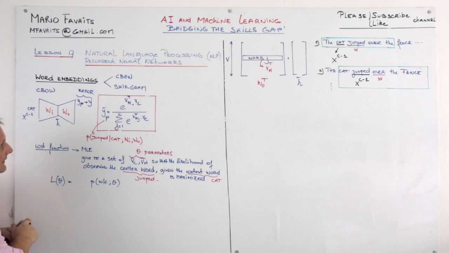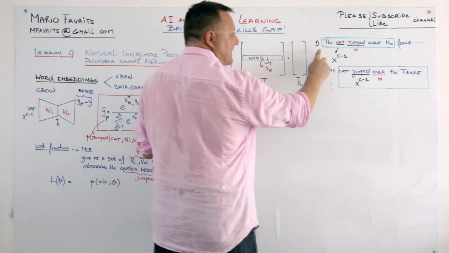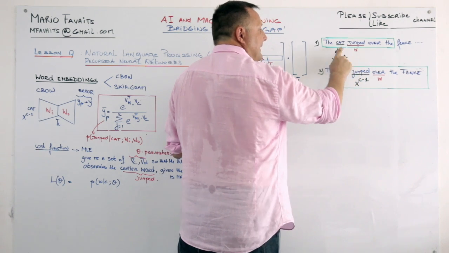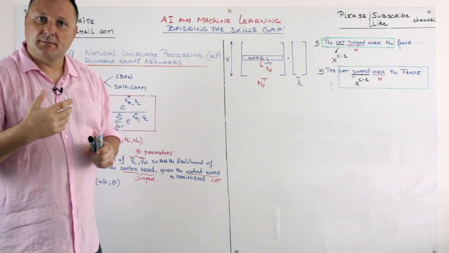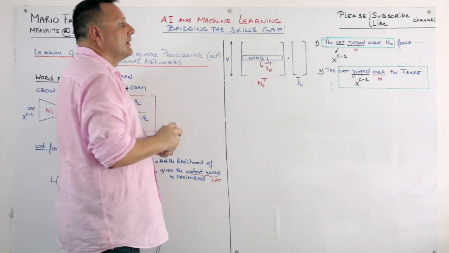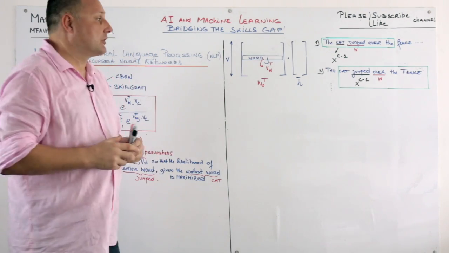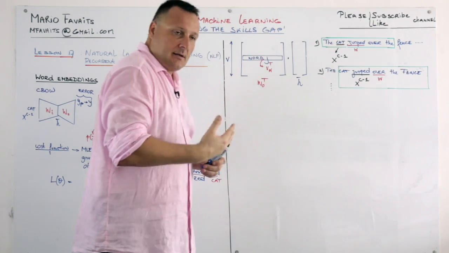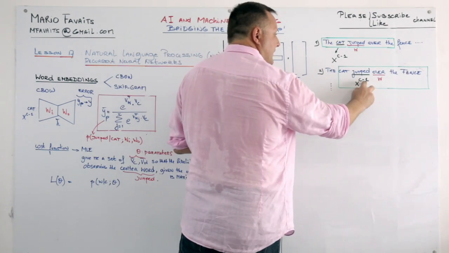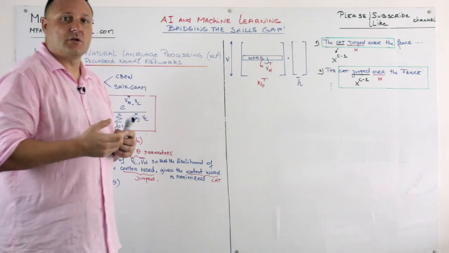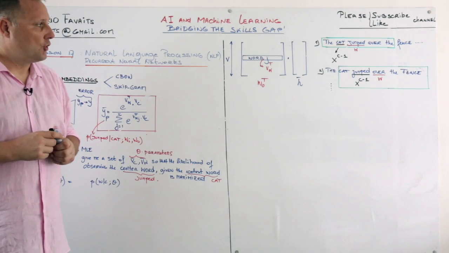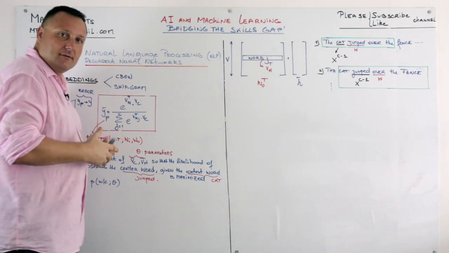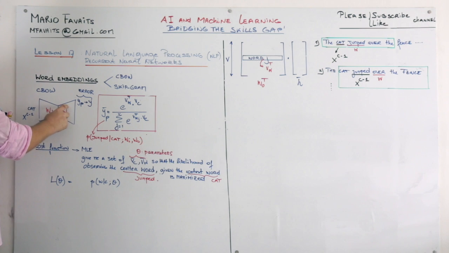Remember that if we take a window of 5 words, the center word is jumped, and the context word just before jumped is cat. Once we've run through all the motions here, we move the window of 5 words to the right. Then suddenly over becomes your center word, and jumped becomes your context word just before over. We do this over the whole vocabulary, and this is how we build our two matrices.